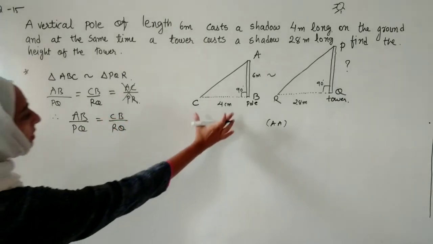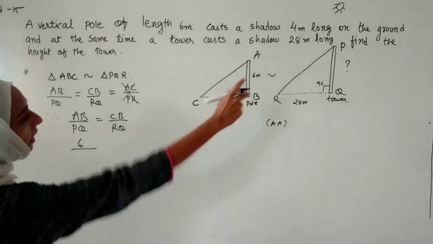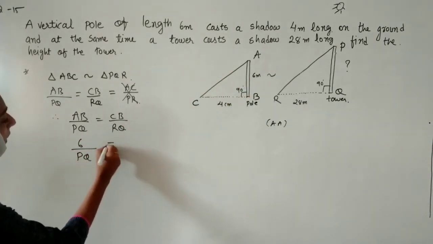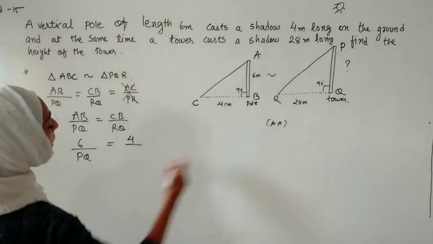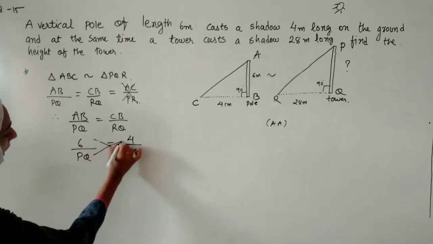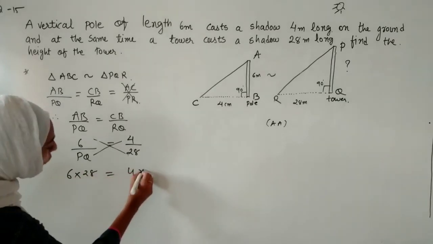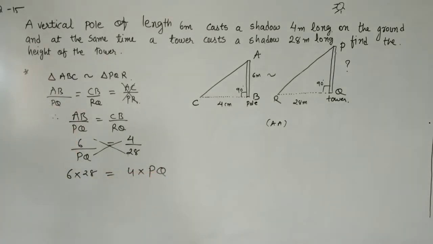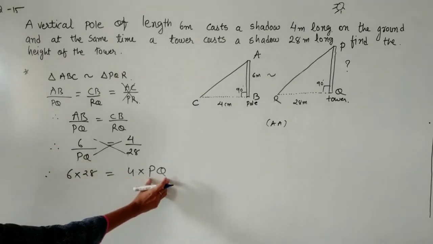Now we will substitute values: AB is equal to 6 m and PQ we don't know, so we will write it as PQ. CB is 4 m and RQ is 28 m. Now we will do some cross multiplication. So it will become 6 into 28, which will be equal to 4 into PQ.